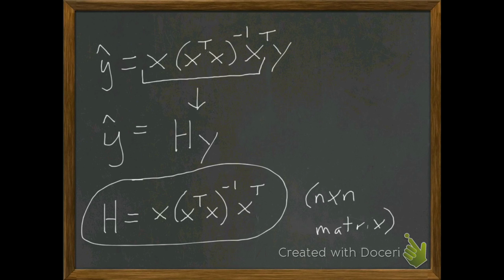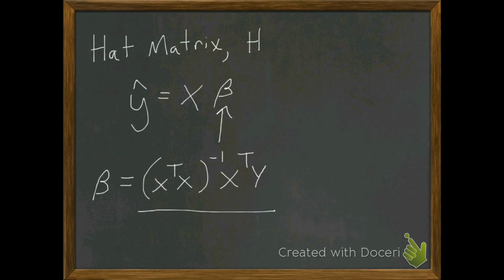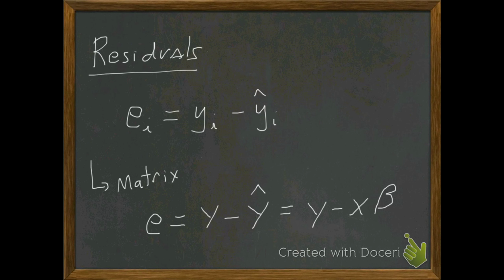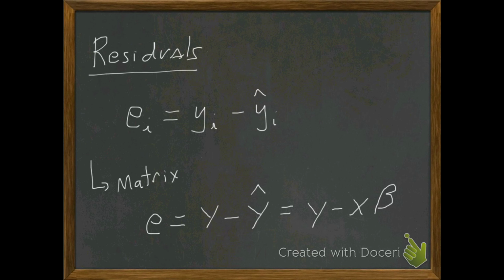Because back here, remember what we started this crazy thing out with. So guys, to be able to find our residuals, all we would need to do is just find this matrix right here.